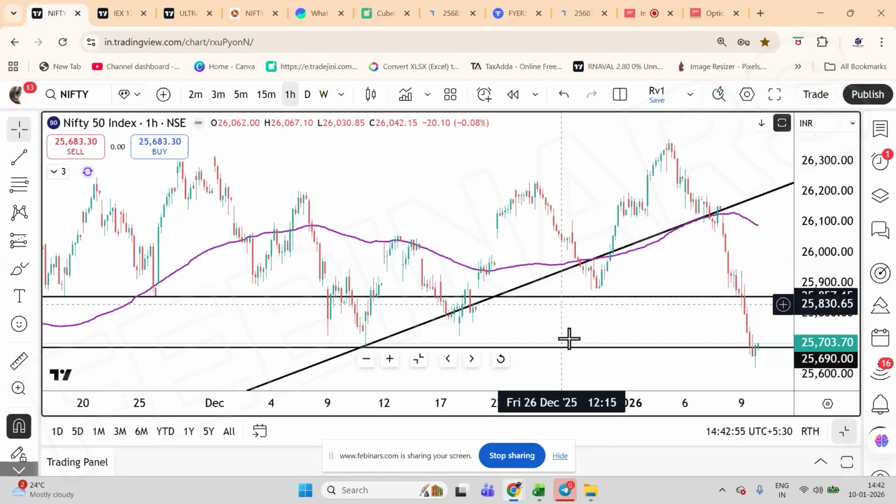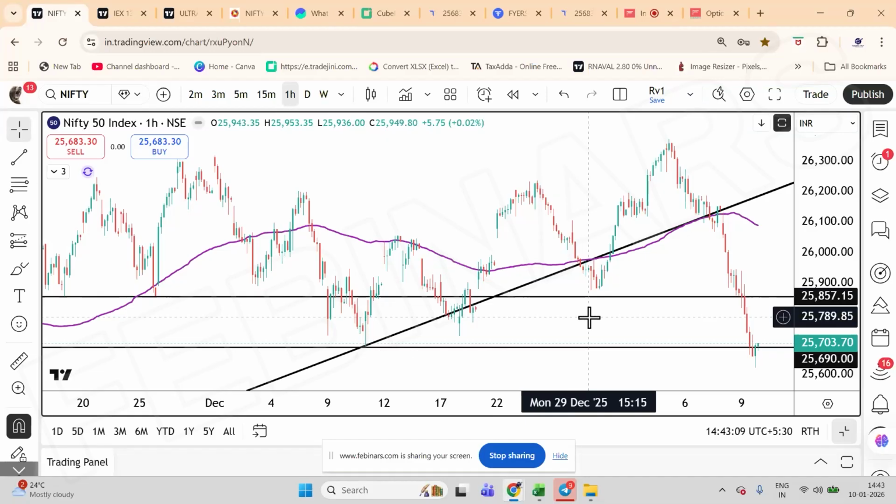See what the option data is saying: 25,700 and 800 call selling has been done. So market structure is weak.